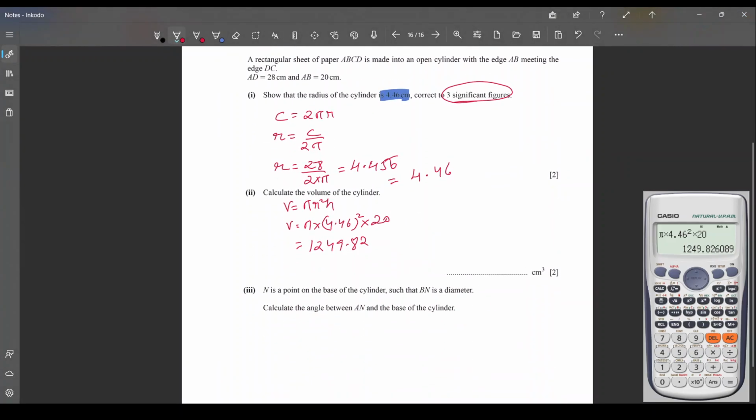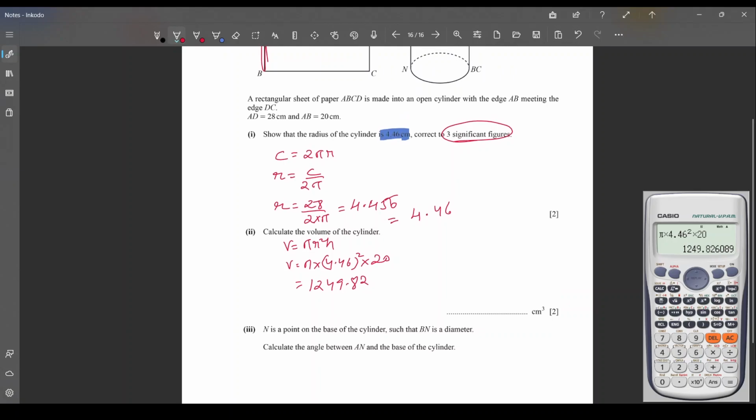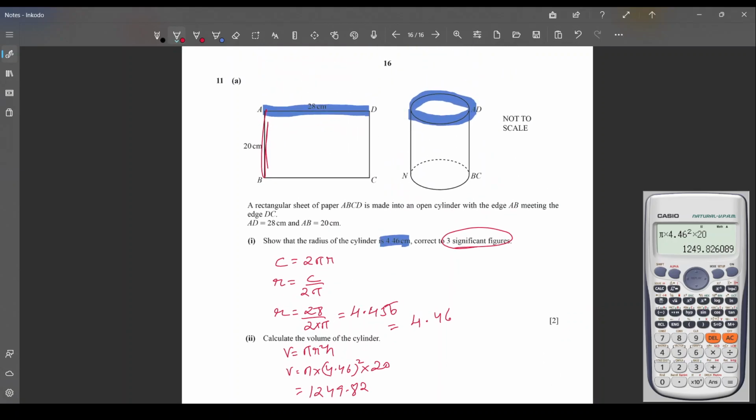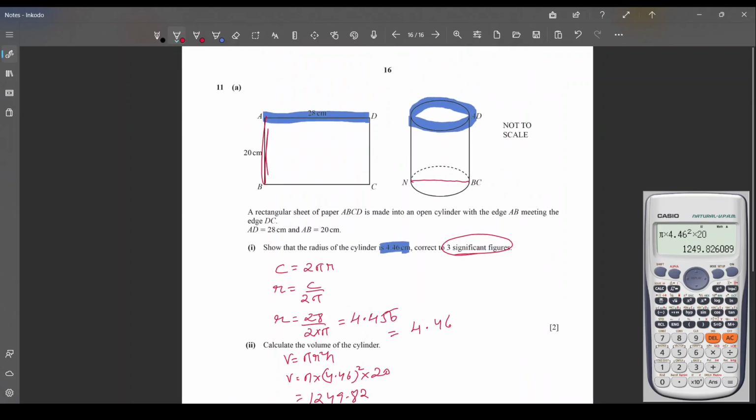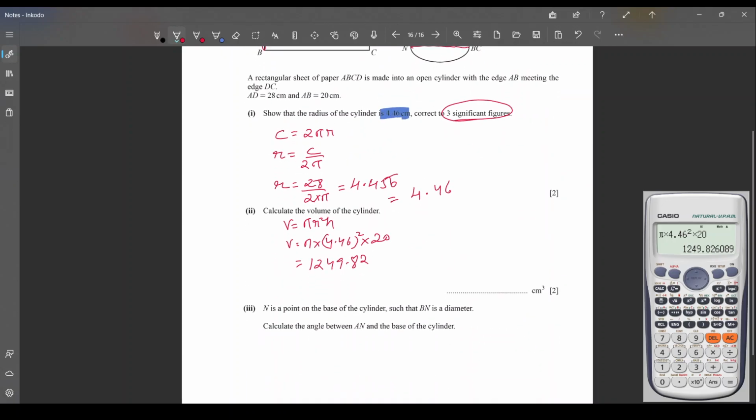In part B, N is the point on the base of the cylinder such that BN is the diameter. So they have given BN is the diameter and N is on the base, and we have to calculate the angle between AN and the base of the cylinder.